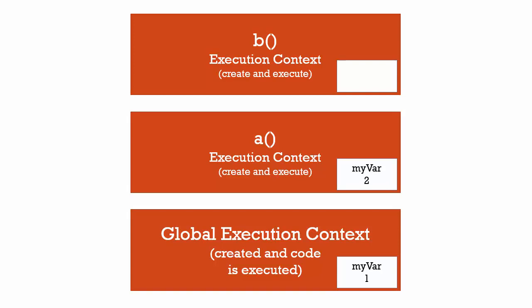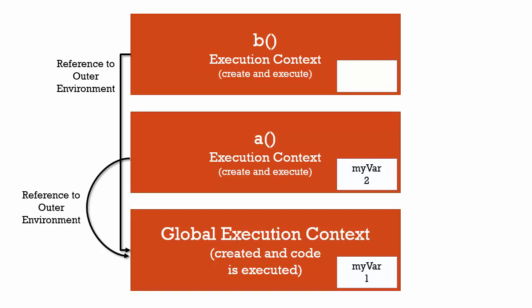And that outer reference, where that points, is going to depend on where the function sits lexically. So my B function sits lexically, not inside A, but at the global level, right smack dab at the outermost point of the code. And so its outer environment, its outer lexical environment, is global.